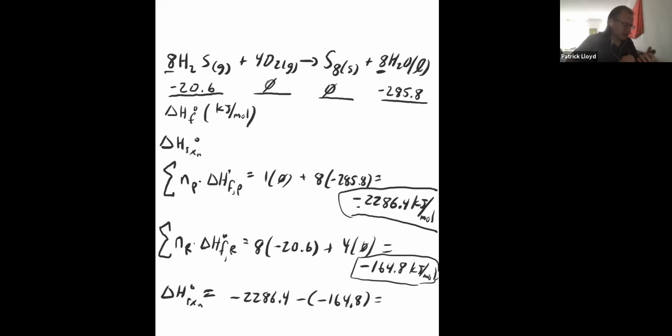So it's negative 2286.4 plus 164.8, and you get negative 2121.6 kilojoules per mole. Okay? Exothermic, right? That's an exothermic reaction. So your final answer, oh, sorry, round it to the nearest. So negative 2122.